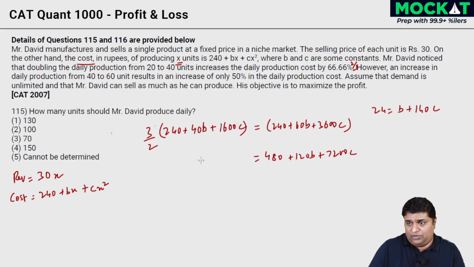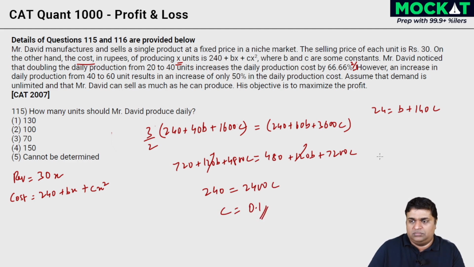And on this side, 3 into 240 is going to give us 720 plus 120B plus 4800C, right? The 120B and 120B cancel. 720 minus 480 is going to give us 240 equals, take that there and you get 2400C, which means C is nothing but 0.1, right? C over here is 0.1.